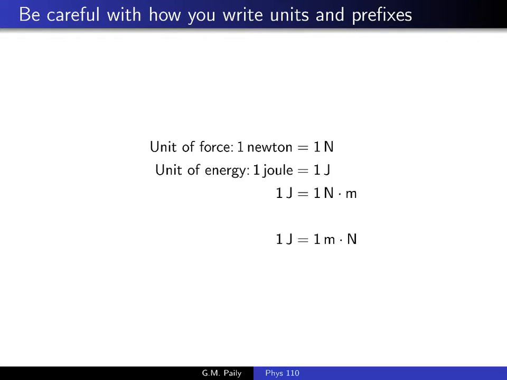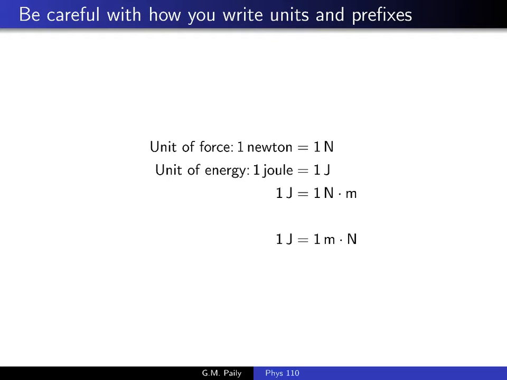It would be acceptable to write 1 joule is equal to, again, 1 meter times Newton. In that case, you should remember to put the dot in between the different units. And in general, to avoid confusion between the little m for meter and the little m for milli, it's preferable, if you're referring to meters, to put it behind the other units, just like this. We have a Newton meter. We will see in this course that since there are only 26 letters in the English alphabet, we will run through them pretty quickly.